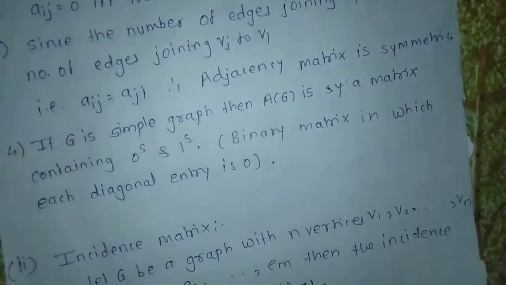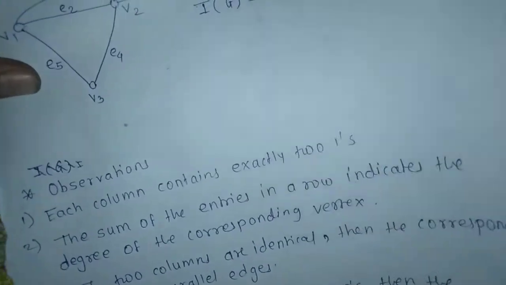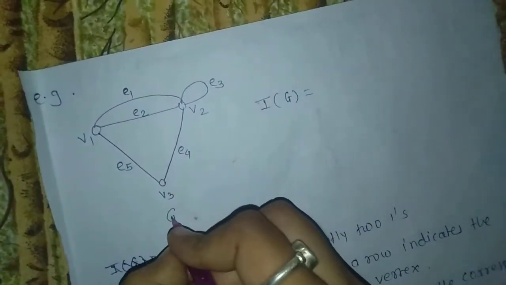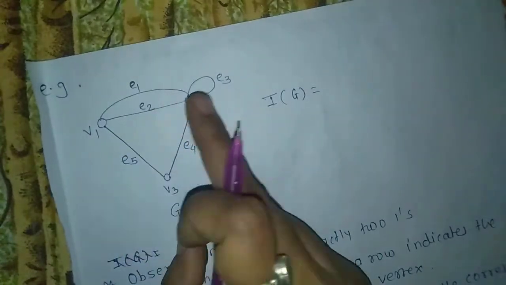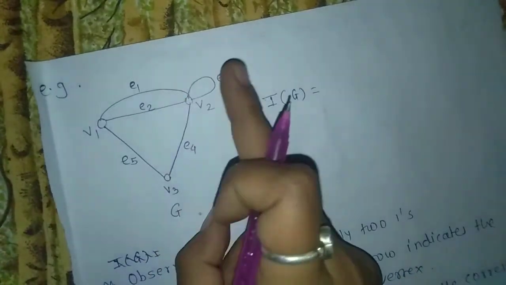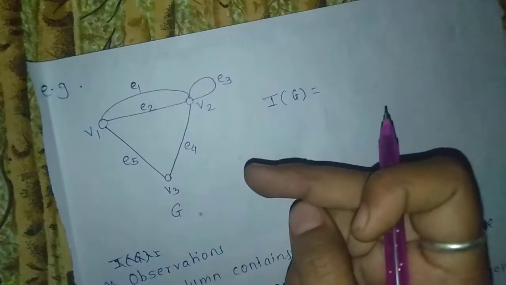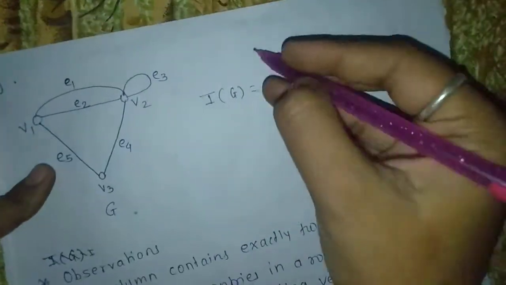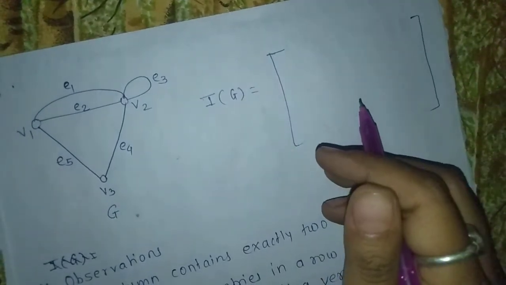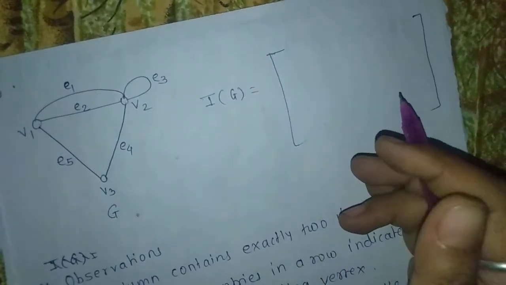Now an example of an incidence matrix is, for example, here graph G. Here you can see that V1, V2, V3 are the vertices of G, and E1, E2, E3, E4, E5 are the edges of the graph G. First write edges column wise and next write vertices row wise.